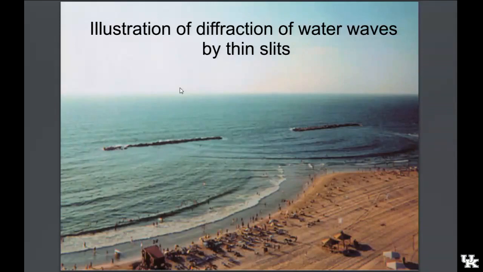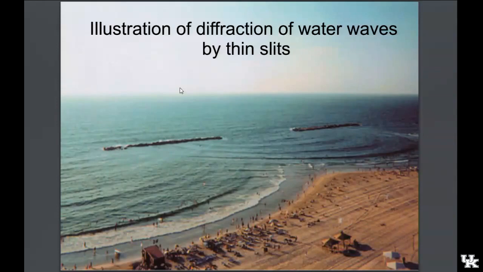Here's a crest here, here's another one here, and so on. They look like what we would call plane waves or parallel waves striking this barrier. And this barrier has slits in it. Where there's a barrier, the waves can't get through, but where there's a slit, the waves can get through. Look at the waves emerging from this slit here.